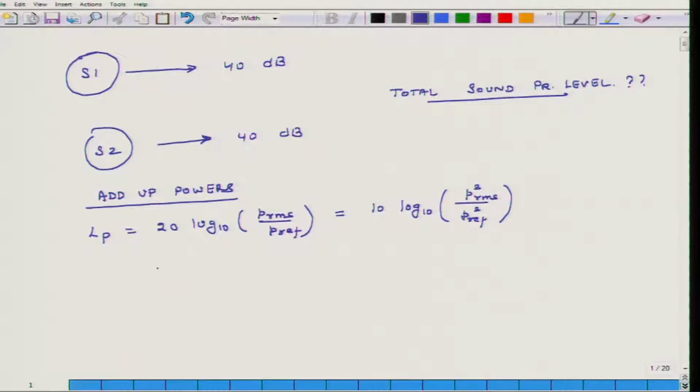Now, power is proportional to square of pressure. Why do I say that? Consider kinetic energy, it is mass times velocity square by 2. So, energy in this case, kinetic energy, is proportional to square of velocity.